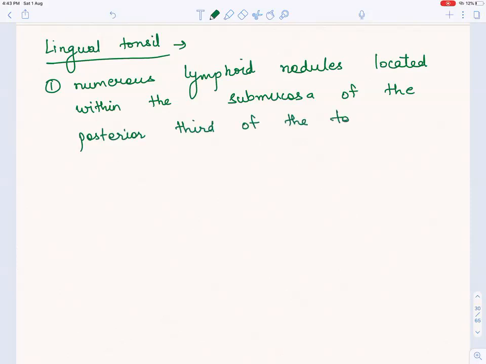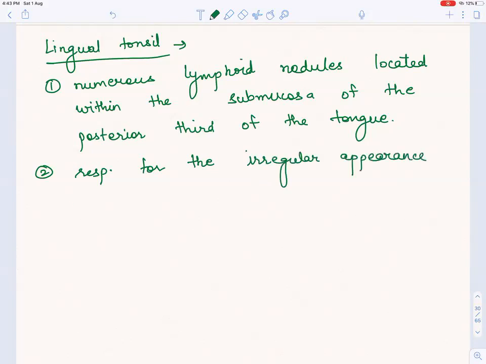If you want, you can write these points in your copy, or you can take a screenshot and take a printout, whatever. And they are responsible for the irregular appearance of the posterior tongue surface.